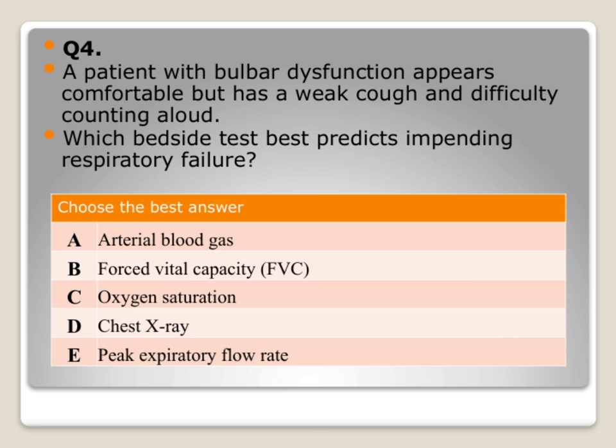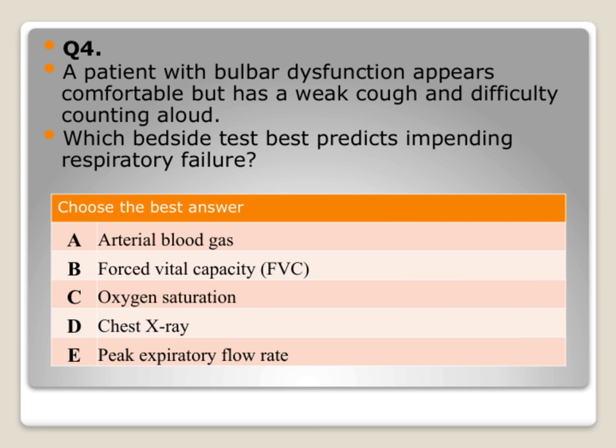Among these, the most practical and predictive bedside test in this context is the peak expiratory flow rate. It's a quick, non-invasive measure of how forcefully the patient can exhale. A decrease here can be an early warning sign that their respiratory muscles are weakening further. While arterial blood gases and chest X-rays provide valuable information, they are less immediate and more invasive or resource-intensive.